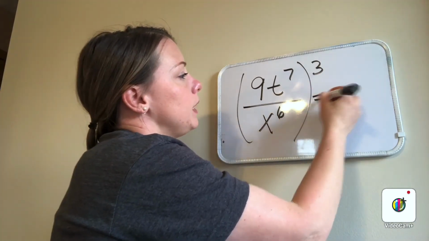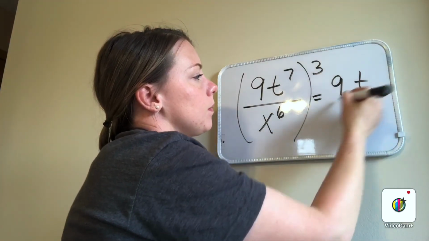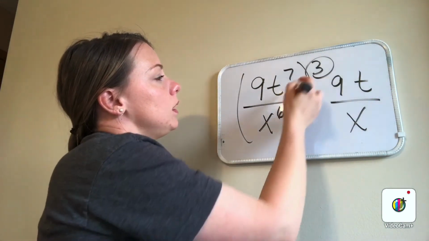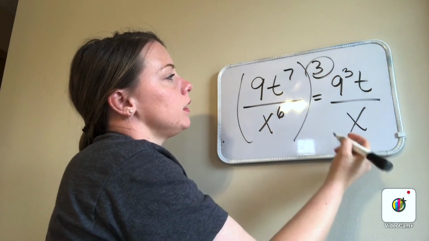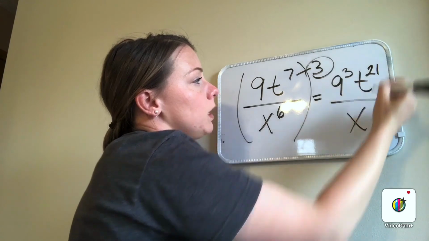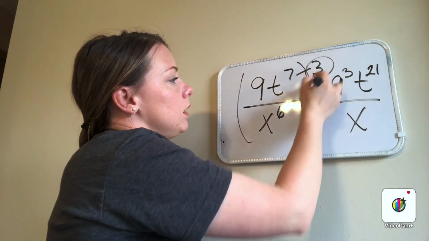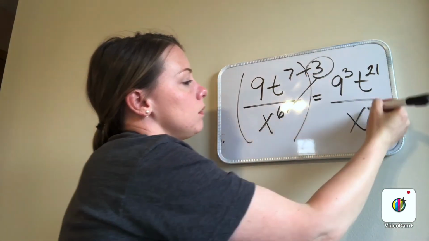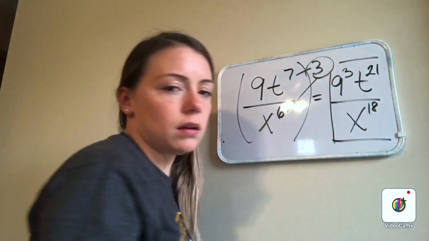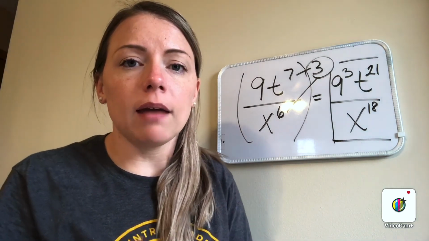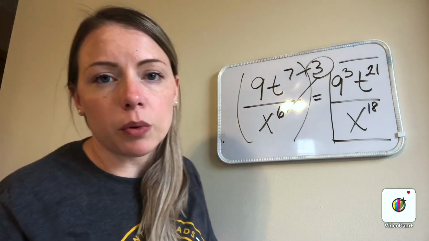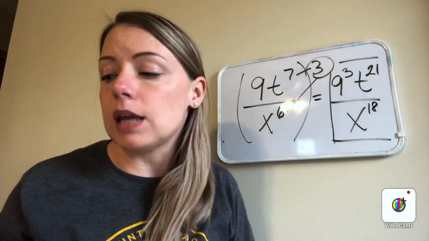We keep all the bases the same, and you distribute your outside exponent. So 9 becomes 9 to the 3rd, t becomes t to the 21st, and x becomes x to the 18th. At this point, I've gone over all 6 of those properties, combining the last 2 because they have the same steps.